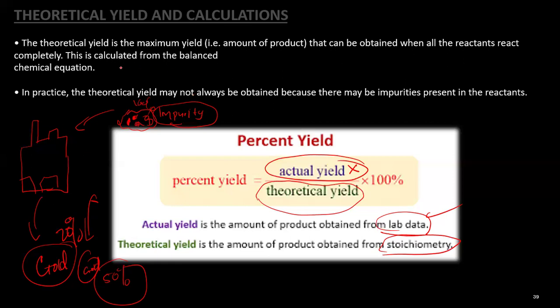So the theoretical yield is the maximum yield, okay? That can be obtained when all the reactants react completely. This is calculated from the balanced chemical equation. That's the theoretical yield. In practice, the theoretical yield may not always be obtained because there may be impurities present in the reactants. Like I said, there are impurities present.